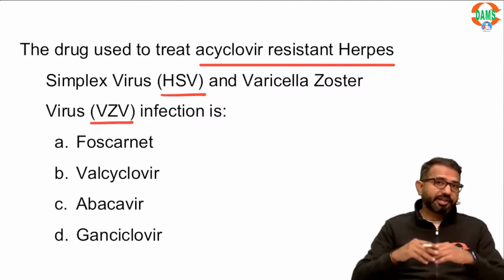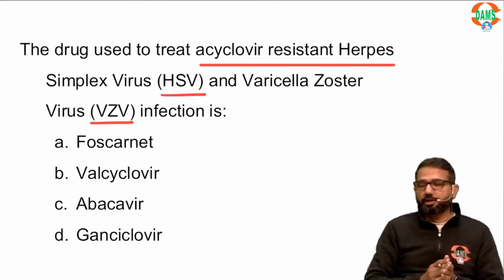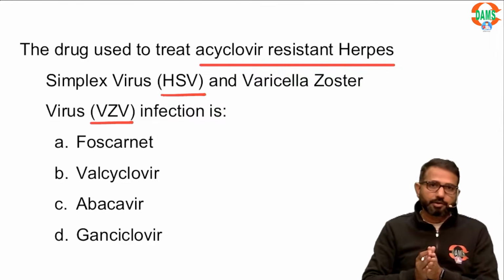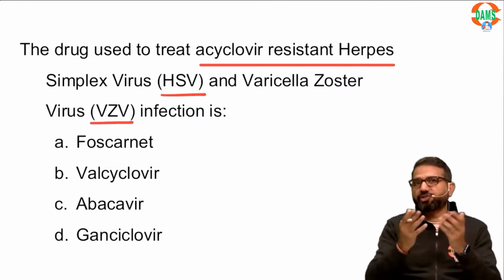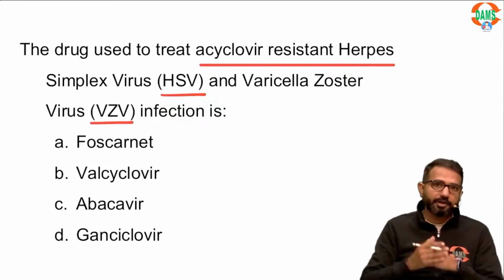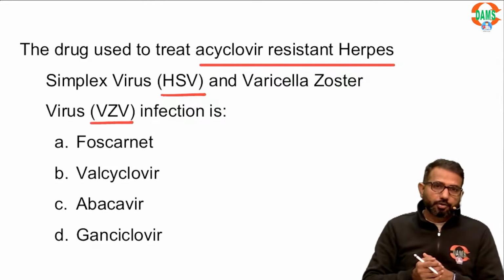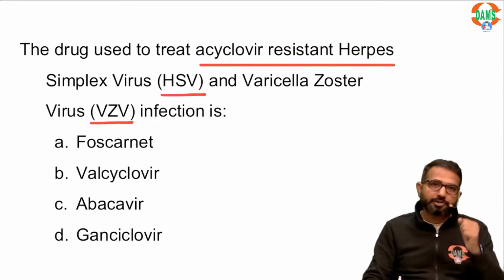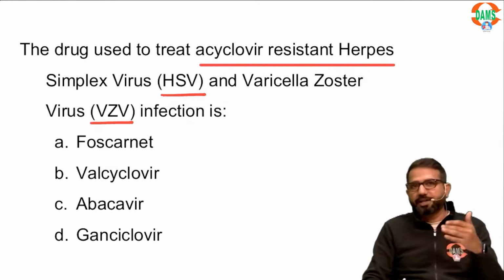If there is resistance or mutation in this enzyme, the virus will be resistant and acyclovir will not be effective. So a drug which does not depend on the enzyme can be used for these patients. Which drug out of these is not activated by the enzyme?